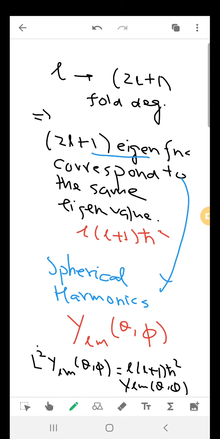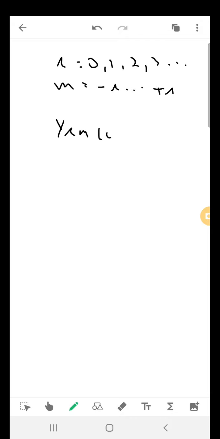Where L again is from 0, 1, 2, 3 and so on, and m goes from minus L to plus L. Now these spherical harmonics, these Y_lm of theta phi, are simultaneous eigenfunctions of Lz and L squared.